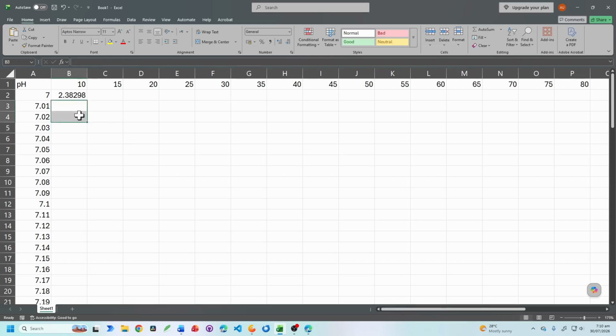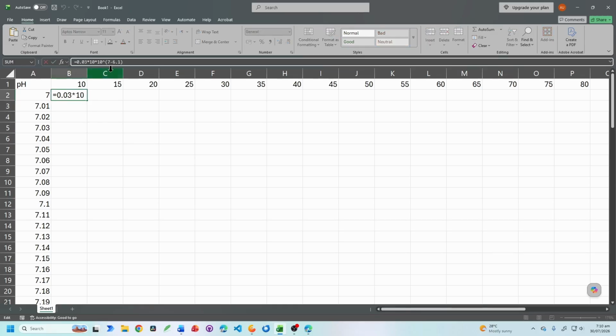It's a wrong approach. This is the power of Microsoft Excel formulas, that we can grab these values as a sort of variables. So here is the PCO2 value. We can select this and then click here, and it will get the value from here, right? Then for the pH value, here the 7 is the pH value.